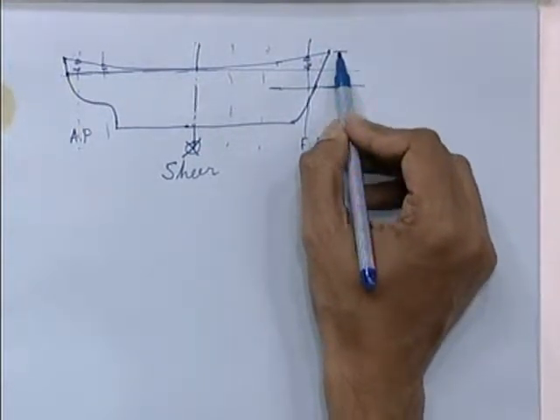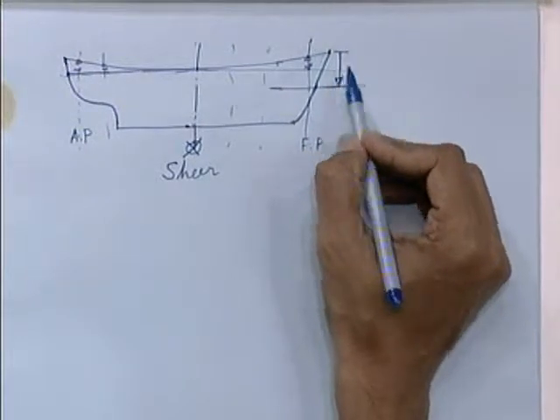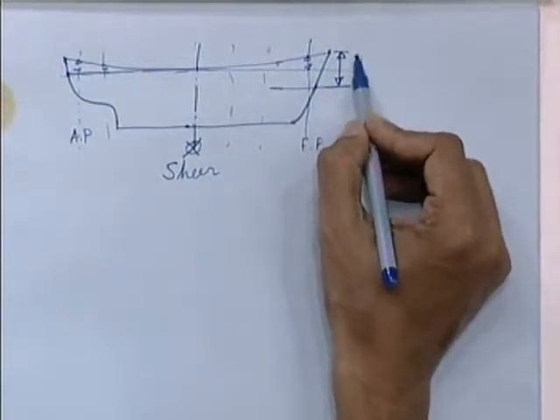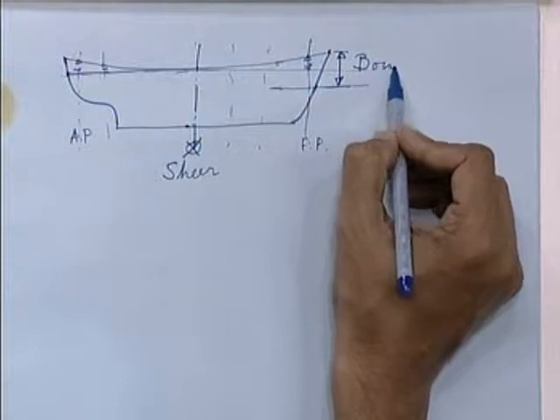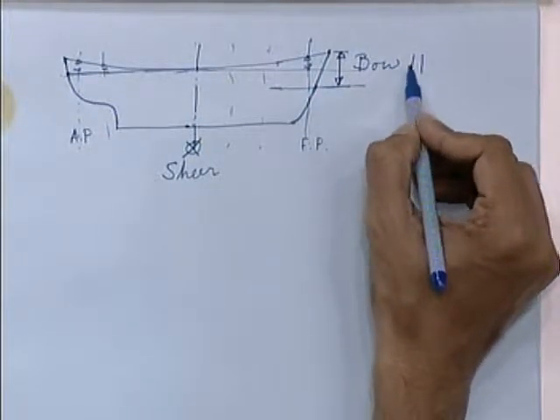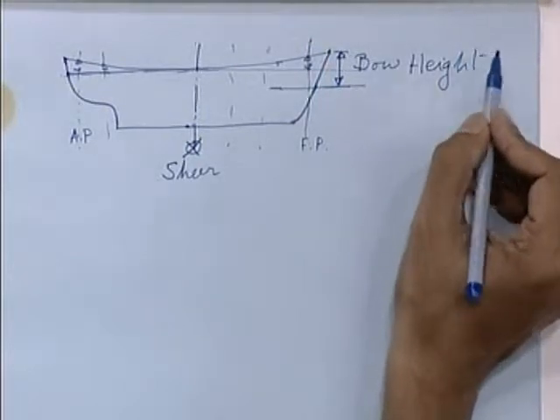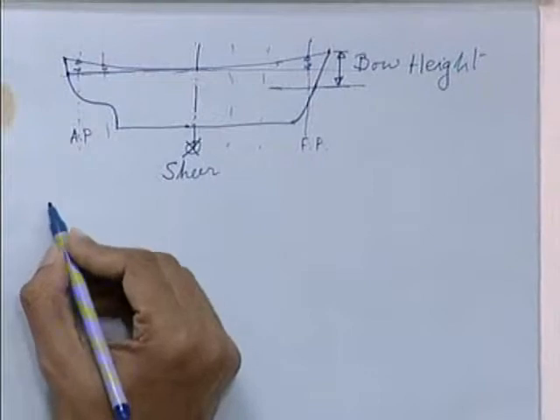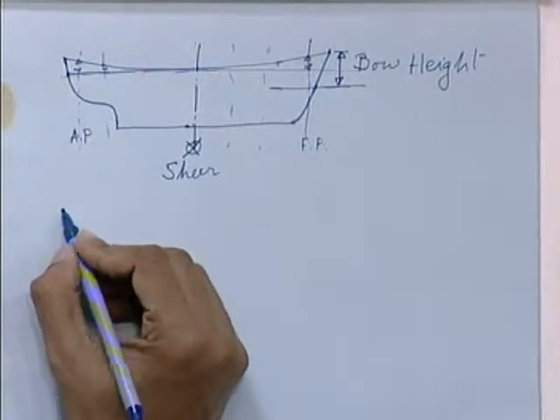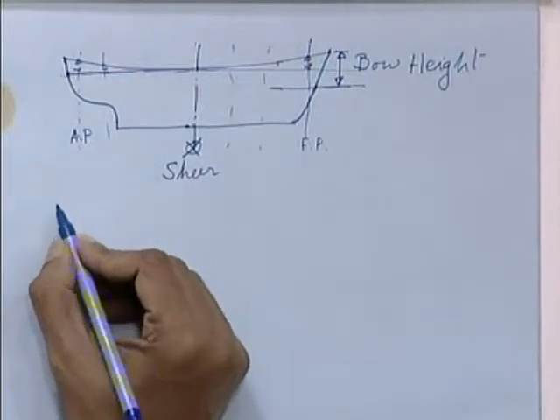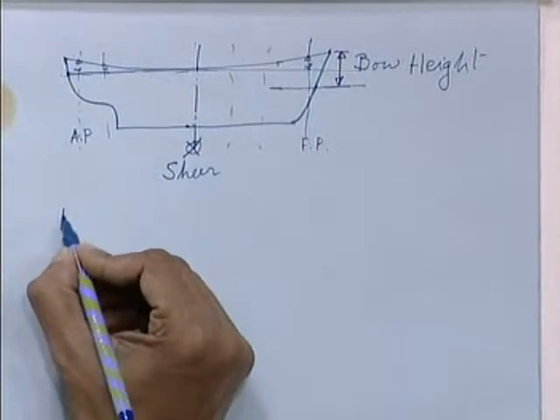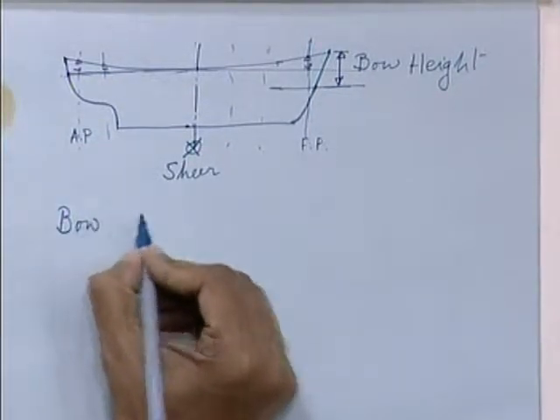So this is called bow height. According to your load line rules, this bow height is given in load line rules.